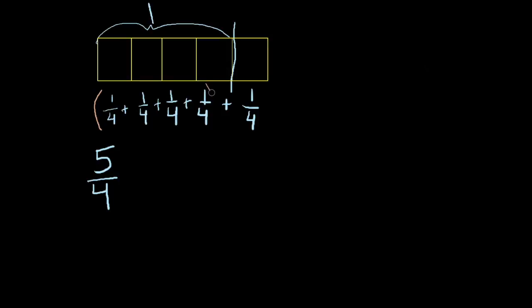I can decompose this in different ways. I can decompose it so I have those fractions all together, which would be 4/4 plus 1/4. Another way of writing that would be simply 1 whole plus 1/4. That would add up to our 5/4.